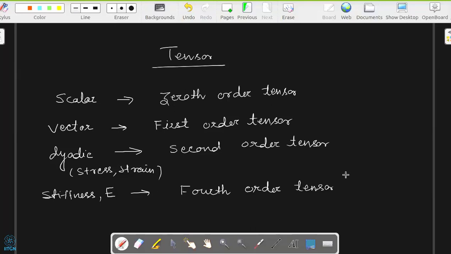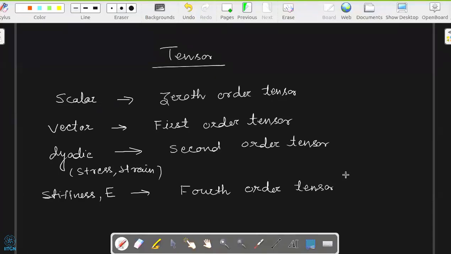So this is what the tensor is, a generic term under which the whole scalar, vector, dyadic, stiffness, second order tensor, fourth order tensor, we are coming in under this umbrella. So we will start our discussion. In order to study any subject, we must have a good idea about the mathematics required for that subject, because mathematics is a very perfect and precise language to describe the physical phenomena.